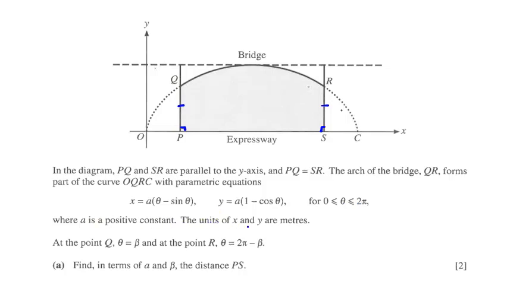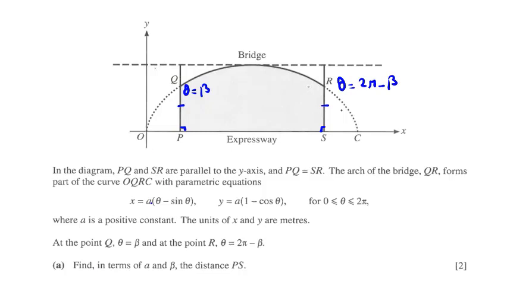The units of x and y are meters. At the point Q, theta equals beta, and at the point R, theta equals 2 pi minus beta.